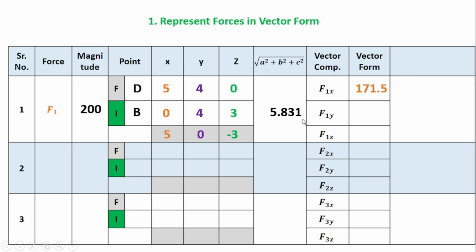Next, to calculate F1y, multiply the magnitude with B, that is 0 divided by 5.831. The answer is 0. Then multiply the magnitude with the next term, so 200 into minus 3 divided by 5.831. The answer is minus 102.9. In vector form, this can be written as 171.5i plus 0j minus 102.9k. Each color represents the ijk term.